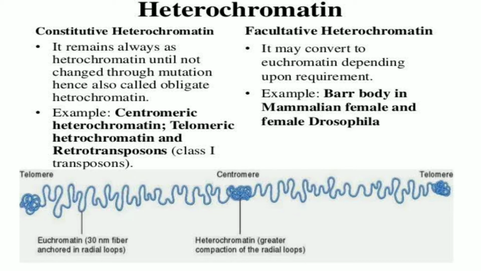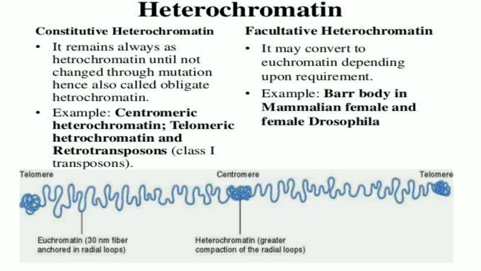So first let us discuss facultative heterochromatin. As I have written here, it may convert to euchromatin depending upon the requirement. What it means is that it represents temporarily inactivated chromatin during interphase in some cell types of an organism.